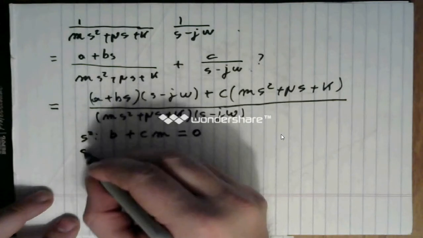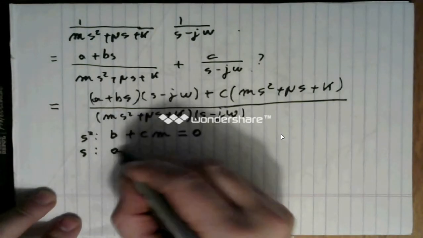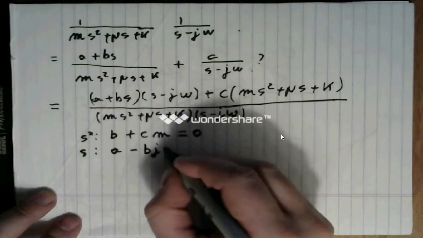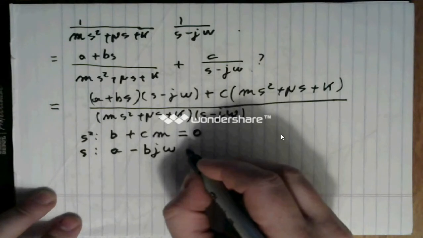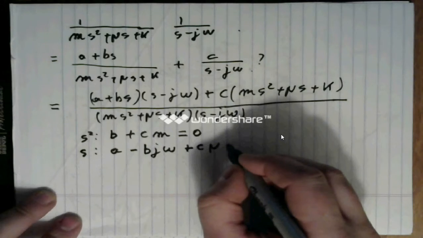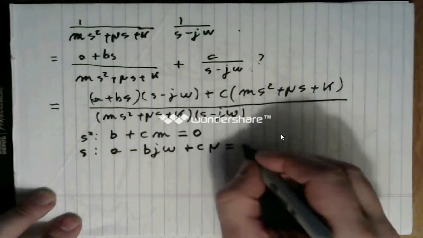Now if we look at the terms in s, we get that a minus bj omega plus c mu must be also equal to 0.